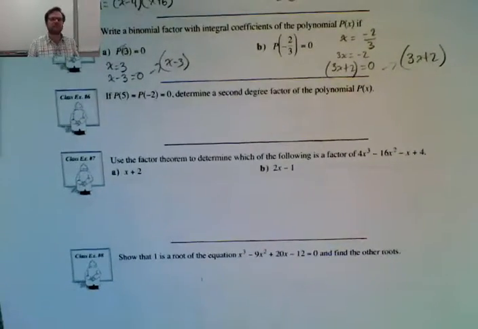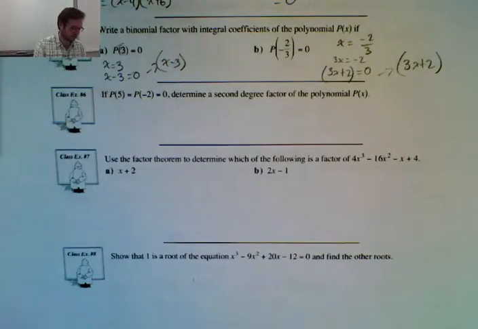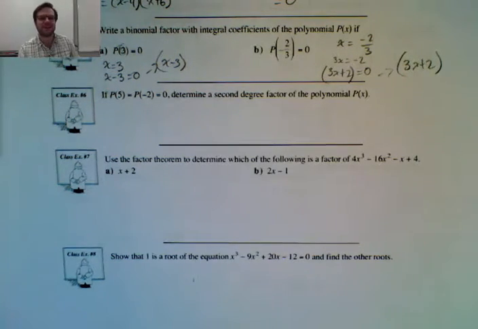All right. Now let's look at class example number 6. This one says we have P(5) is equal to 0 and P(-2) is equal to 0. So determine the second degree factor of the polynomial function.